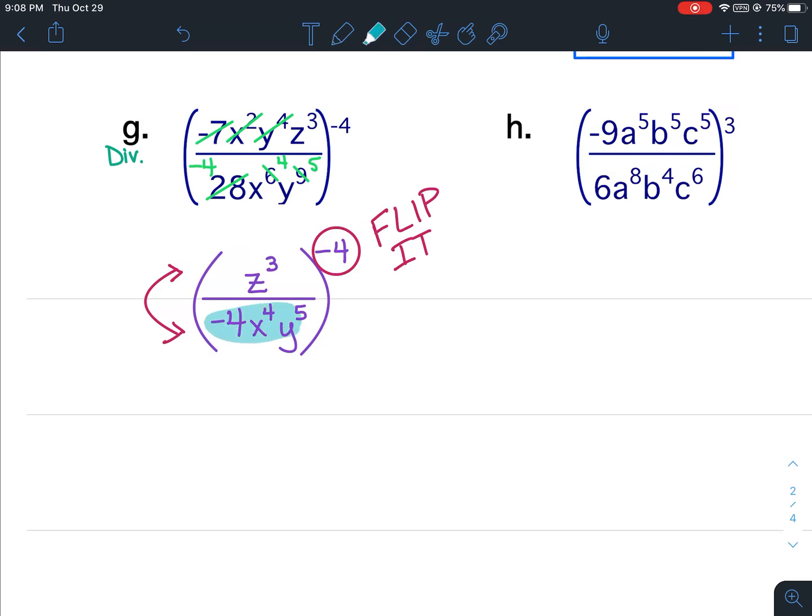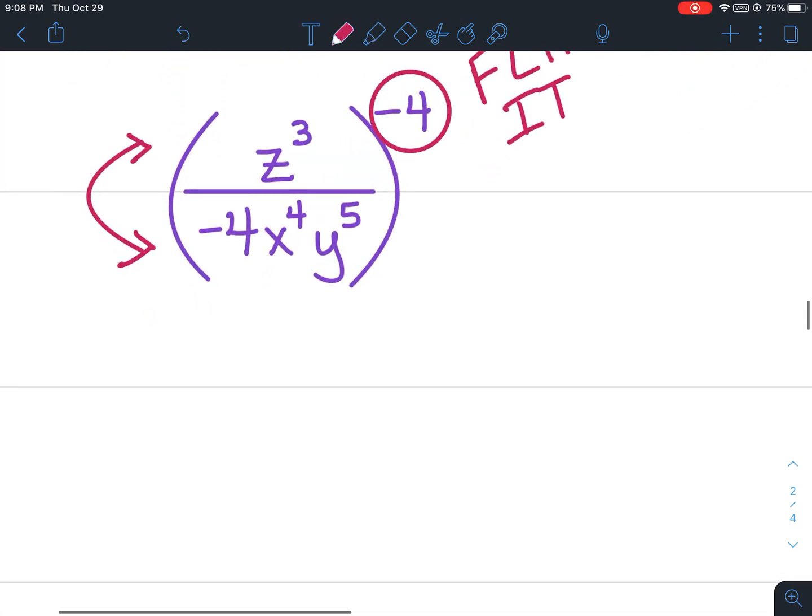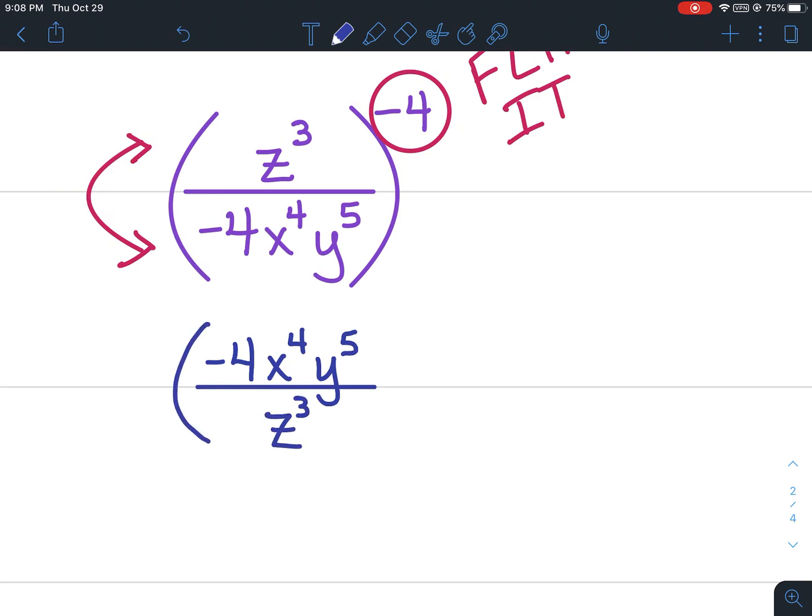So this down here will become the numerator, and this up here will become the denominator. So now the negative 4 x to the 4th, y to the 5th will move to the numerator, and z to the 3rd will be in the denominator.